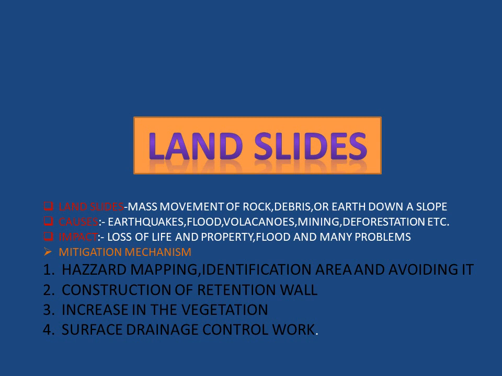The next is surface drainage control work. The drainage on the surface is a rather important aspect, since it can lead to an increase in landslides. So controlling the flow of rivers and the passage of water is another important aspect when we talk about mitigation of landslides. So till here I conclude.